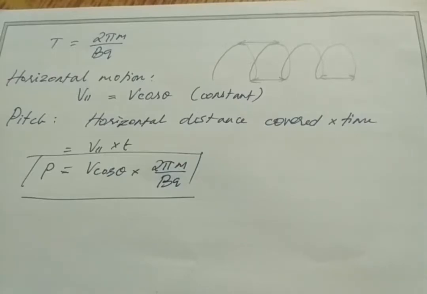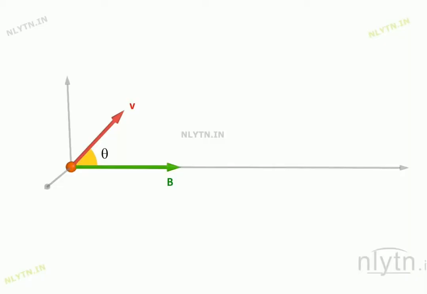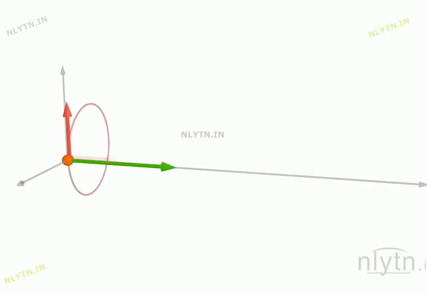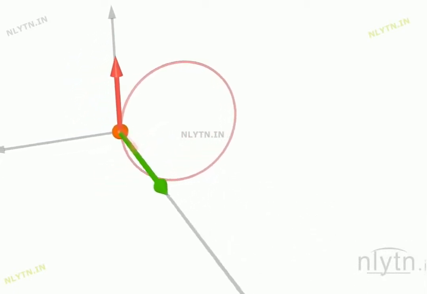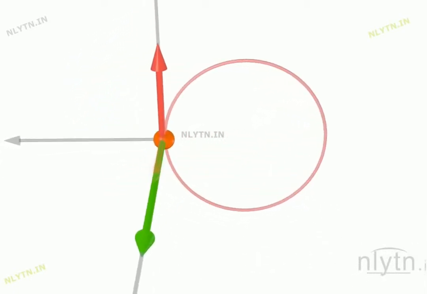Here the charged particle moves with an angle theta in a magnetic field. The magnetic field is in the x direction, that green color. The green color is the parallel component and the red color is the perpendicular component. We have two components. By using the right hand palm rule, our forefinger is in the direction of the x axis and thumb is in the direction of the y axis. So here the magnetic force is created along the Z axis.